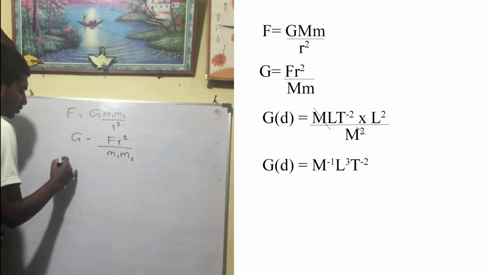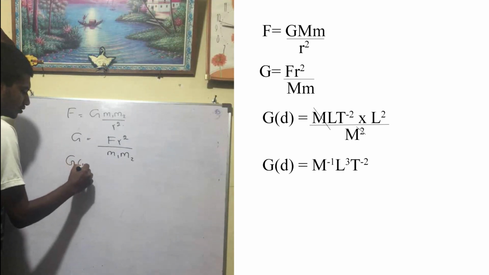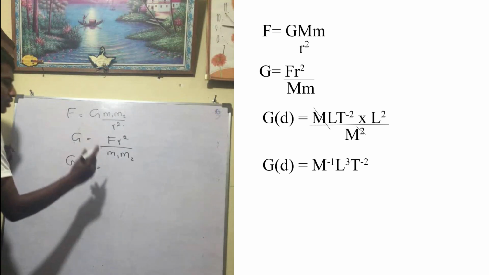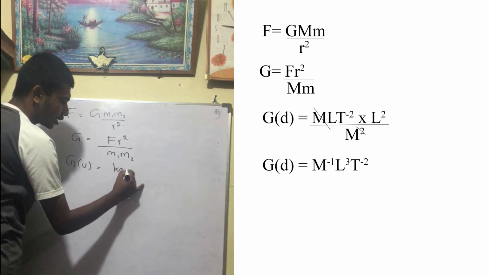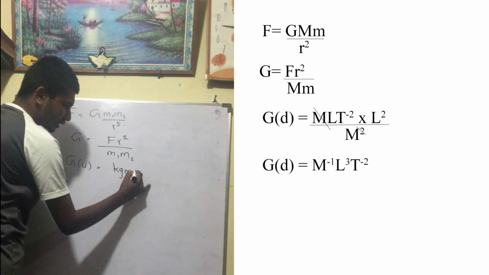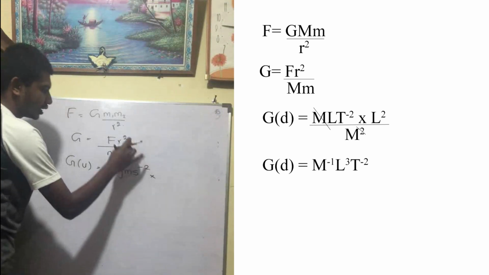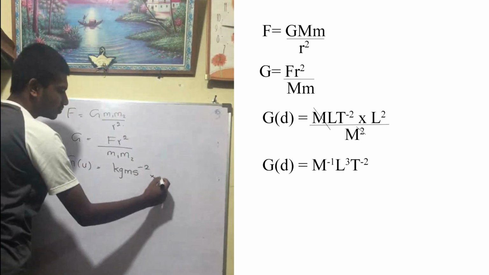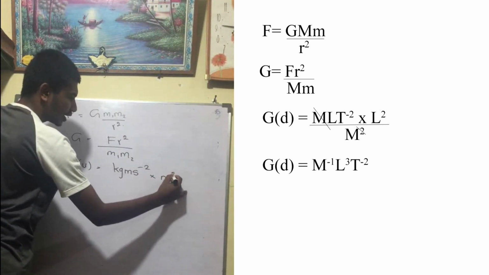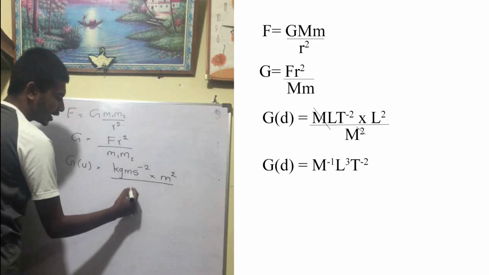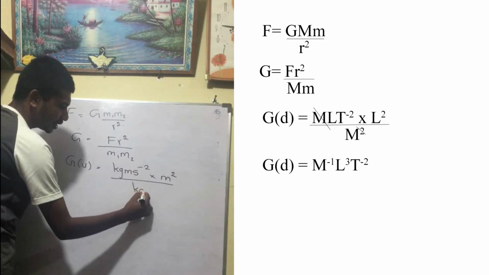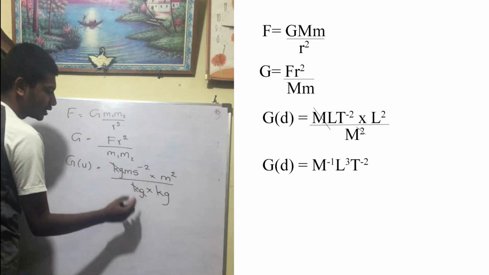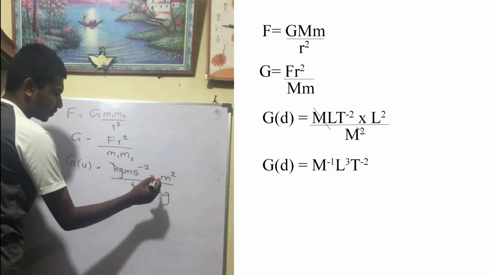So we know the unit for G, right? To find the unit for G, we can substitute. For force, it is kilogram meter second minus 2, right? r is the radius or the distance, so r can be written as meter, so it is meter squared divided by m, defined as mass, so that is going to be kilogram into kilogram, right? So you can cancel the kilograms, and that's it.